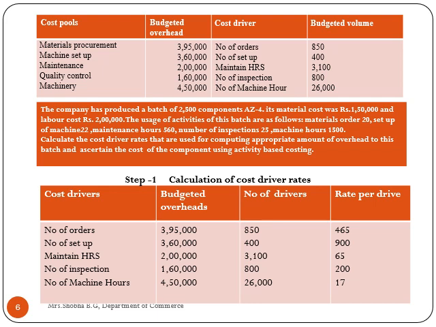So the first driver, number of orders, the rate is 465. Then number of setups is 900 rupees. Then maintenance is 65 rupees. Then inspection is 200. Then number of machine hours is 17. So in the last column we calculated the rate per driver based on the estimated expenses and the estimated number of drivers.